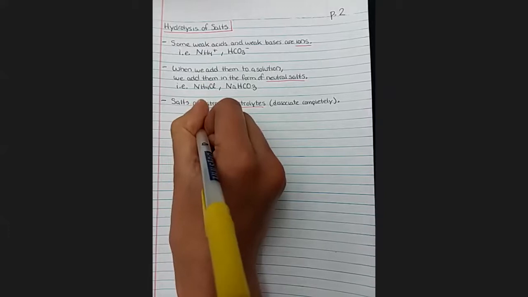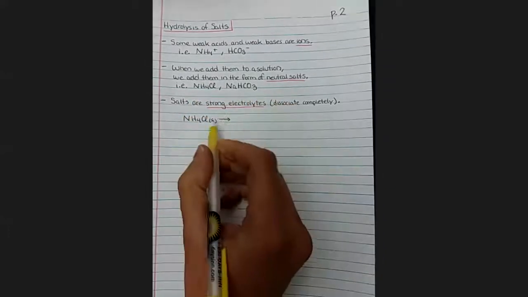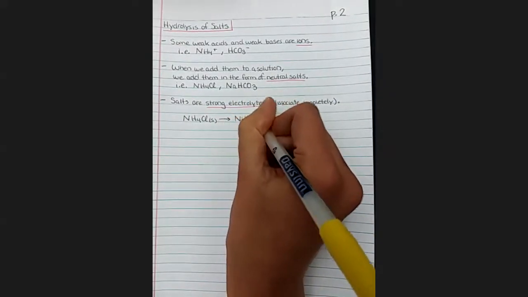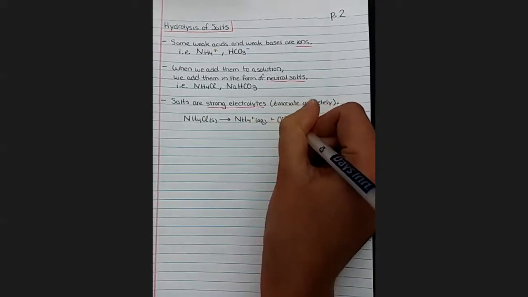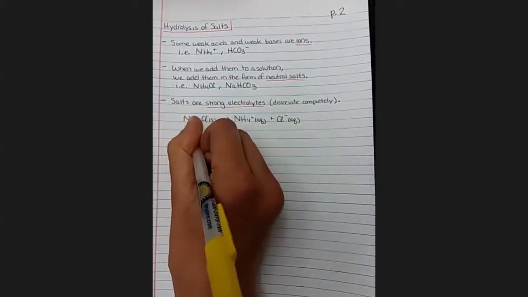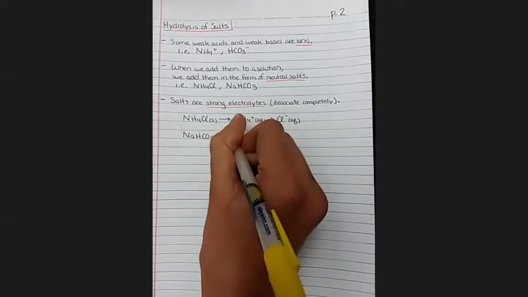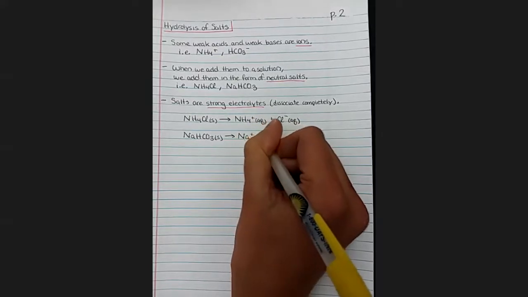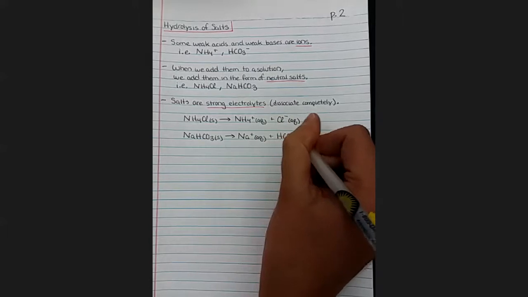If we put our ammonium chloride solid into solution, it's going to have an arrow that goes fully to the right to fully separate out into the ammonium ion and the chloride ion, so that that weak acid is available. And the same is true for sodium bicarbonate. It will fully separate all the way to the right into that sodium ion and our weak base, bicarbonate.